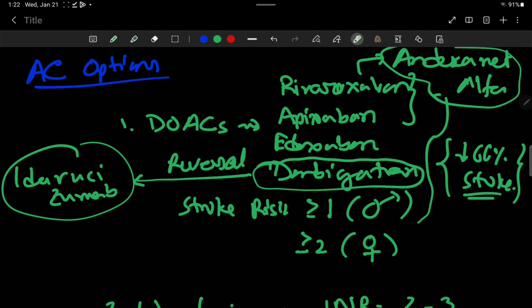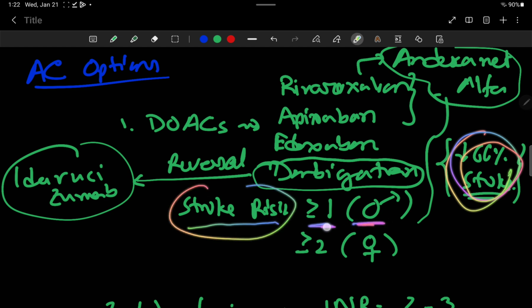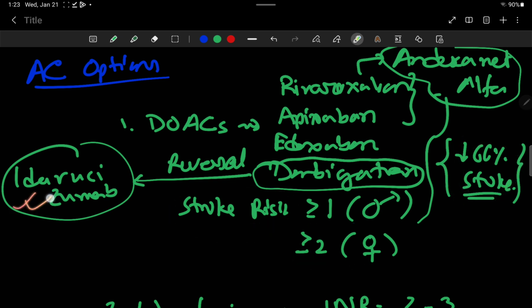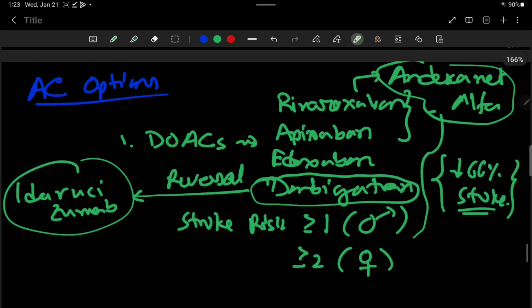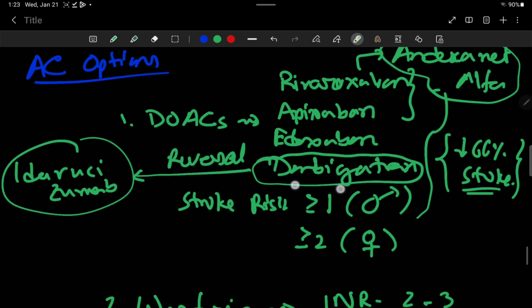And there is evidence that these reduce the stroke percentage. You start those drugs if the stroke risk score is 1 or more in males and 2 or more in females. There is a reversal drug, idarucizumab, for dabigatran, and andexanet alfa for rivaroxaban and apixaban.